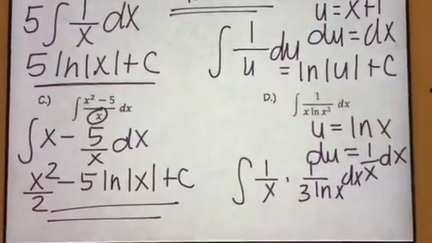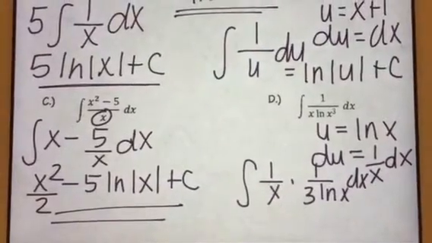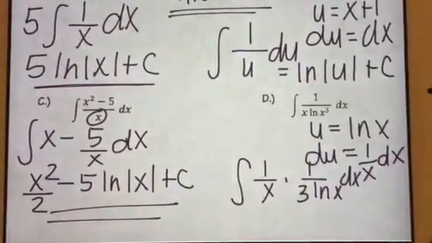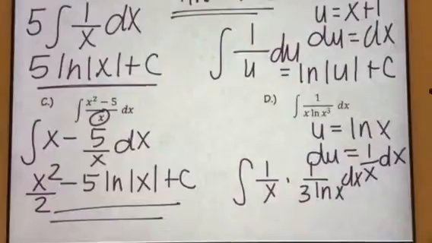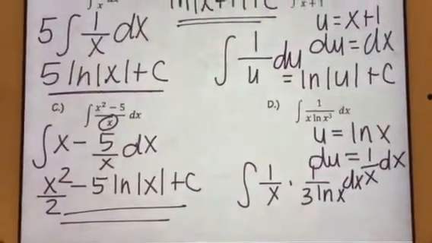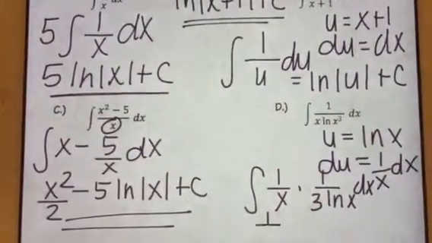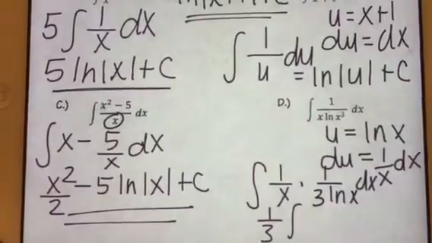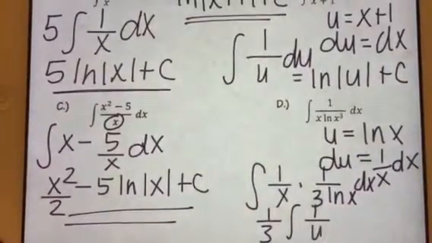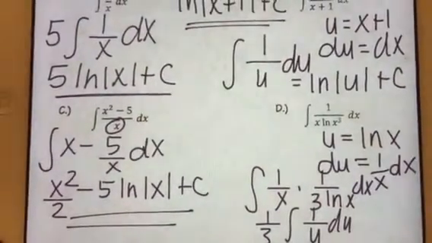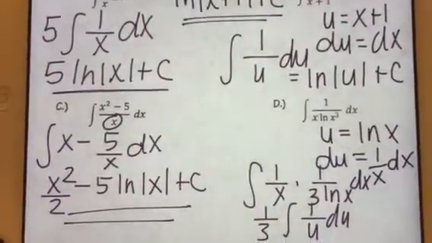If you look at what your u is, you have that on the bottom of a fraction. Du is going to get rid of the 1 over x and the dx portion. So I'm going to pull out that constant. So I have 1/3 the integral of 1 over u du. We integrate this.